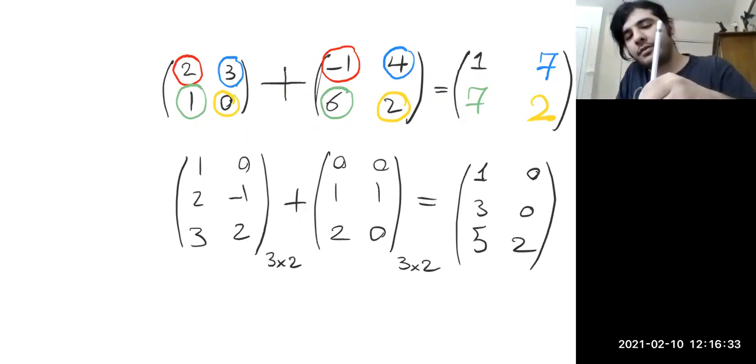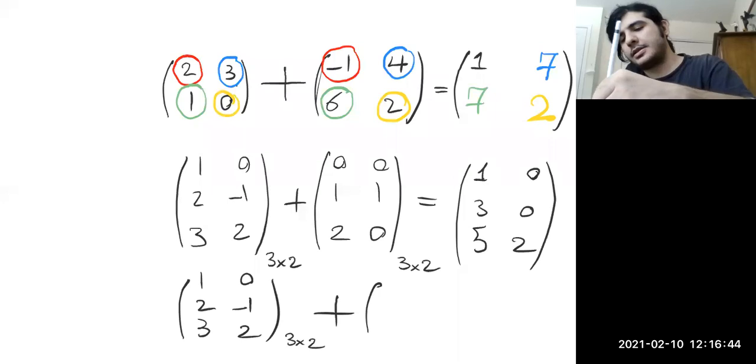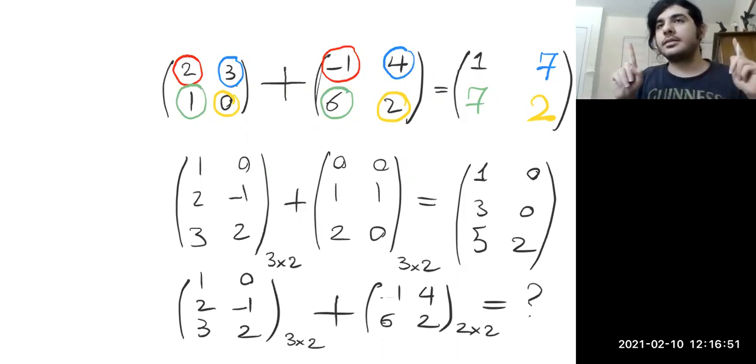But if I have a matrix which is 3 by 2, like this one, and I have another matrix which is 2 by 2, like this one, their sum is not defined.